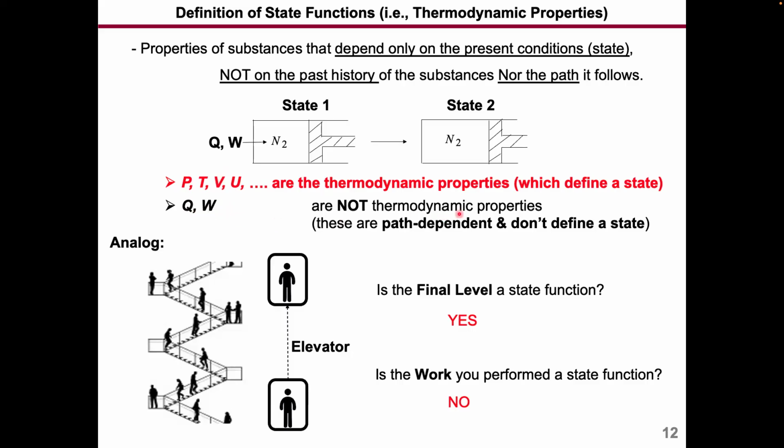Q and W are not thermodynamic properties because they depend on the path and they don't define the state, okay? So hope by now you can understand the difference between thermodynamic properties, here P, T, V, U, and the other non-thermodynamic properties, including Q and W, okay?